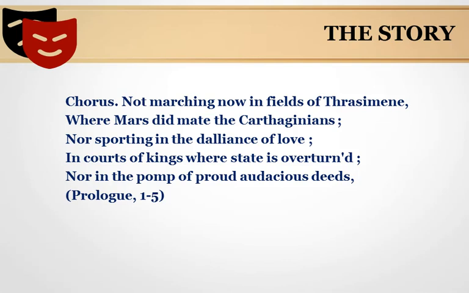These lines make it clear that this story is not about war, not marching now in fields of Thrasymene, nor about love, nor sporting in the dalliance of love, nor about bravery too. So, what is it about?